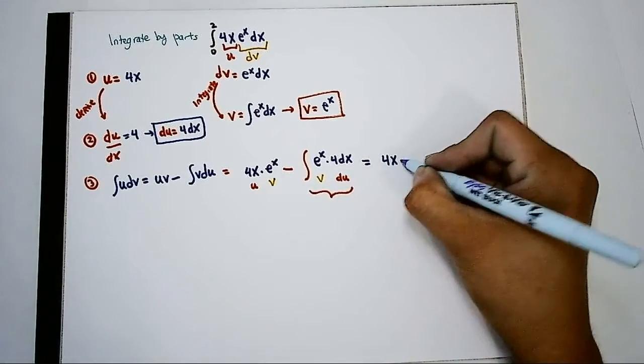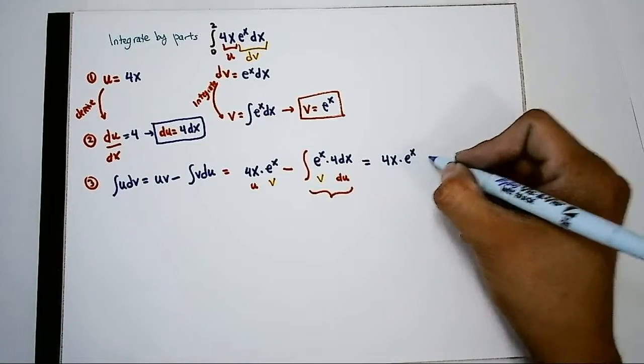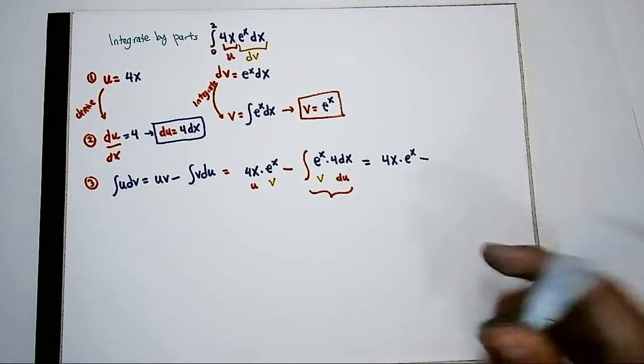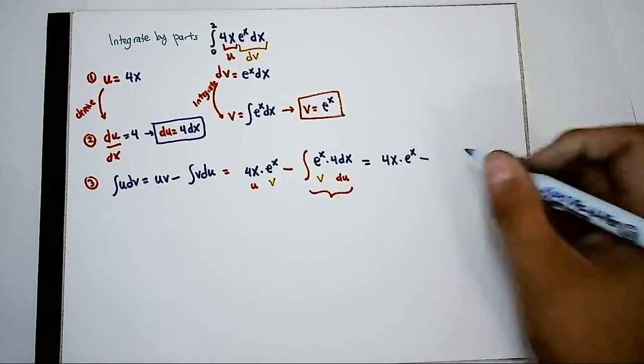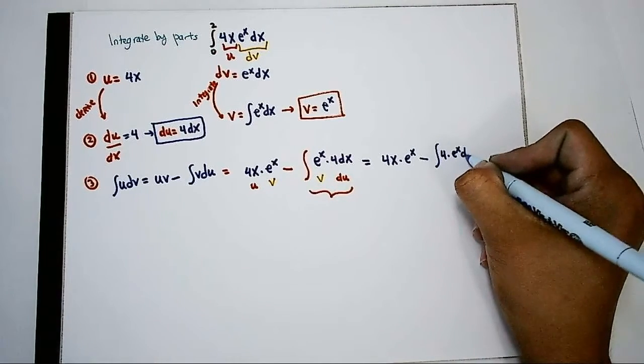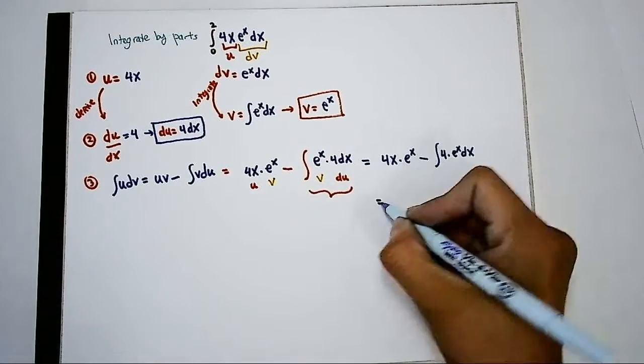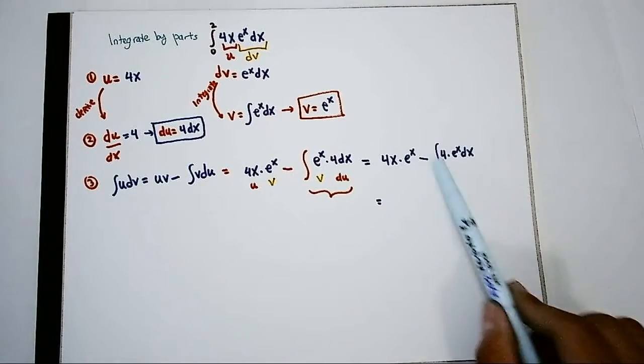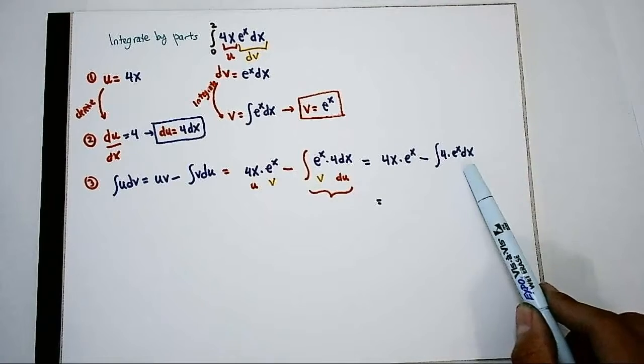So this is 4x times e to the x minus, 4 is a constant, so we have 4 times e to the x dx. And I just reorganize it to make it easier to see.